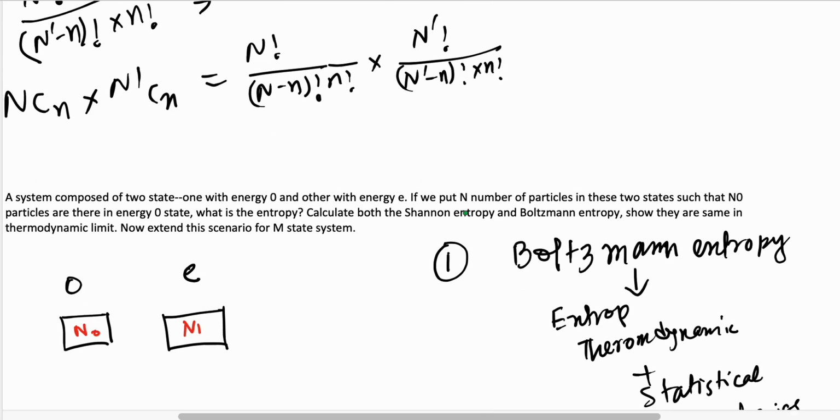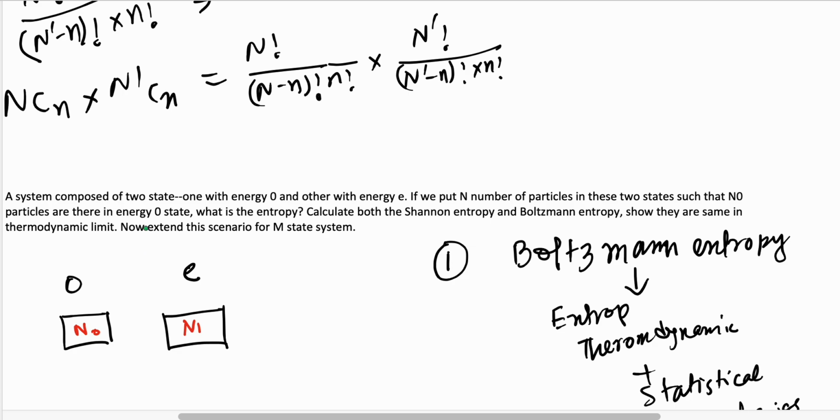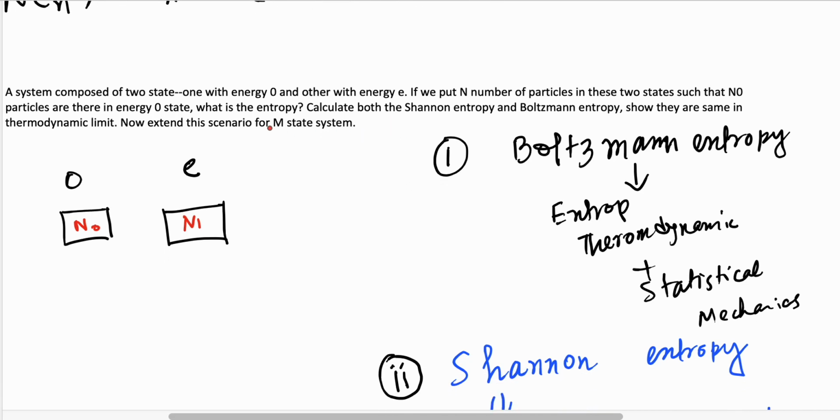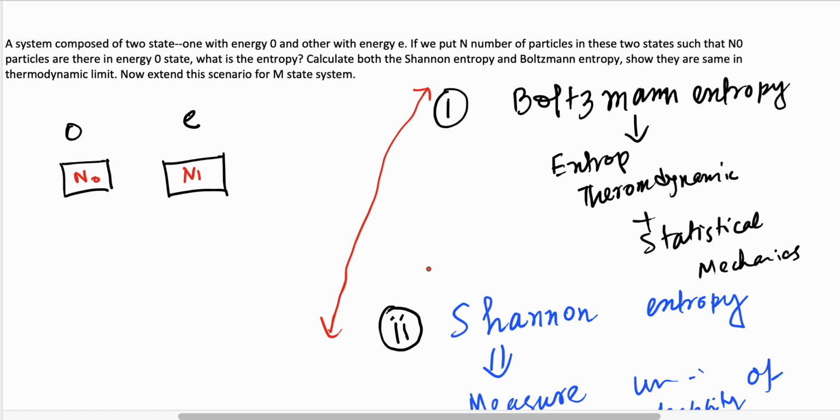Now in this question, it is very important in that sense. From this question I want to show you that this Boltzmann entropy and the Shannon entropy are actually related. They are not different notions of entropy.